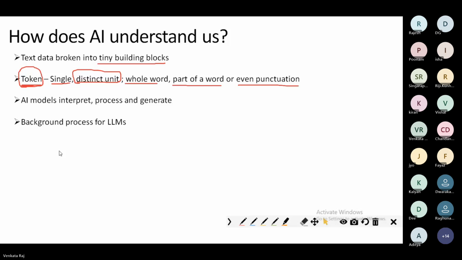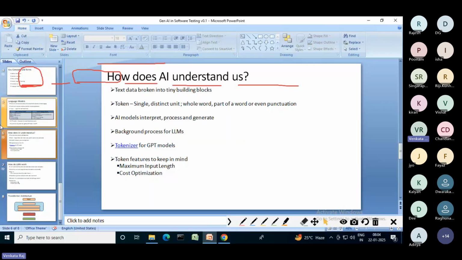We as users, when we are giving inputs, our input is tokenized in the background. But we need to understand how this tokenization is happening, guys. So I'll give you an example.